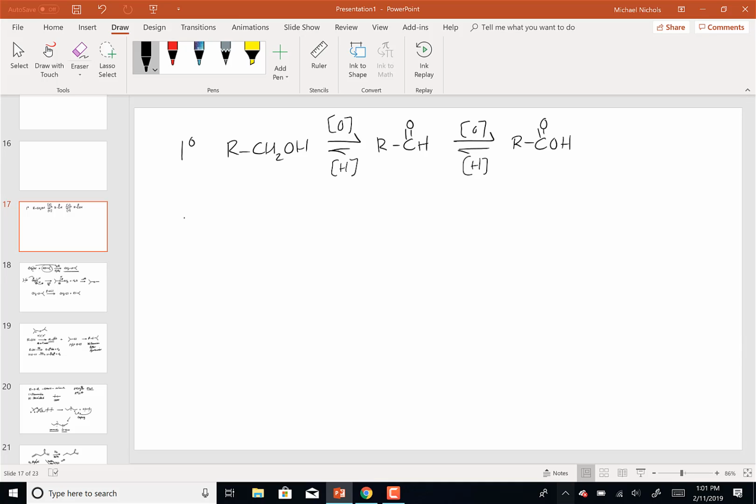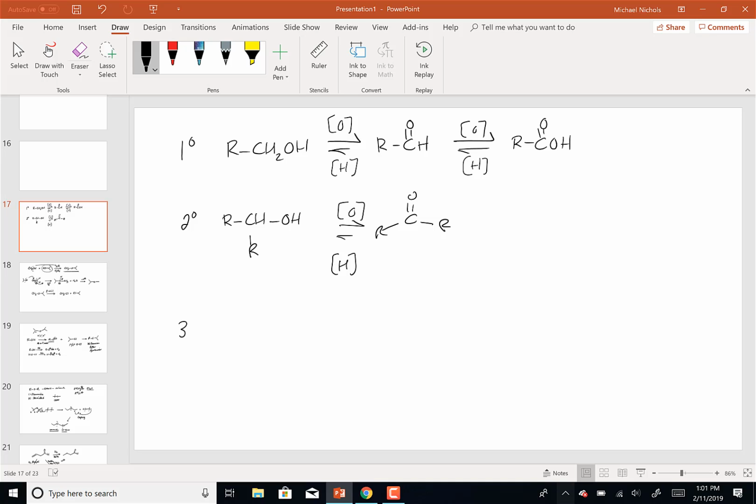And then for the secondary alcohol, it can only be oxidized to the ketone, and the ketone can be reduced down to the secondary alcohol.